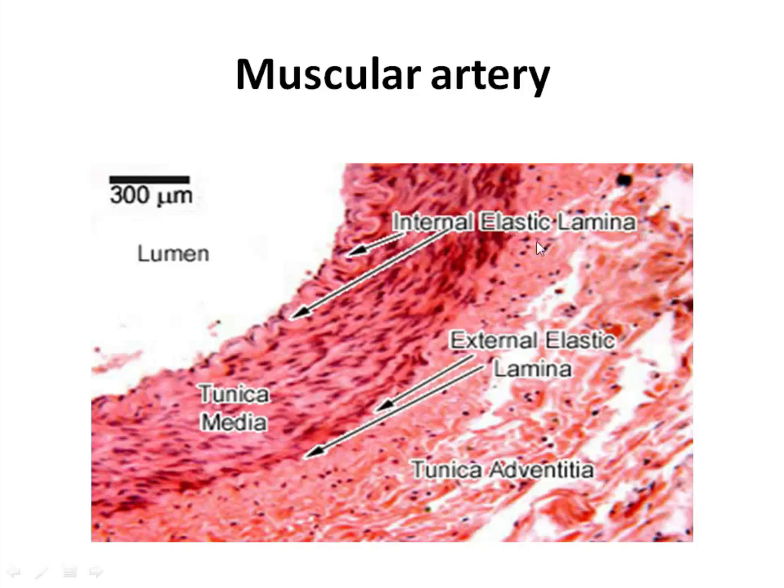Another label you will see in this photograph is the external elastic lamella, external to the tunica media, and the internal elastic lamella, internal to the tunica media. The internal is towards the lumen, and the external elastic lamella is outside the tunica media. All this terminology is related to the tunica media muscular layer.